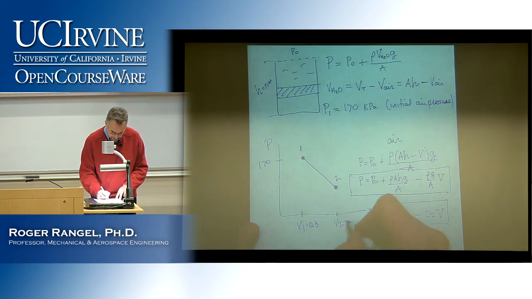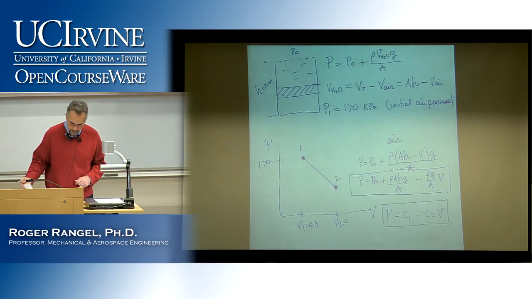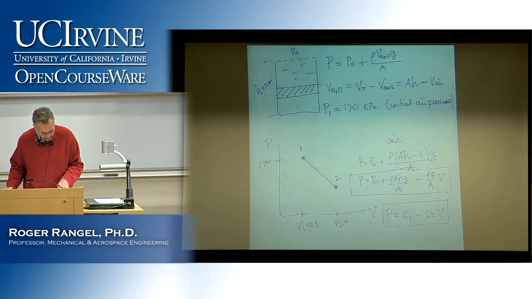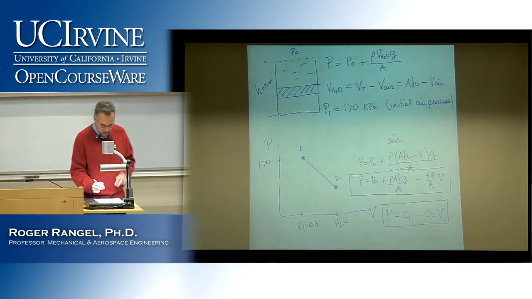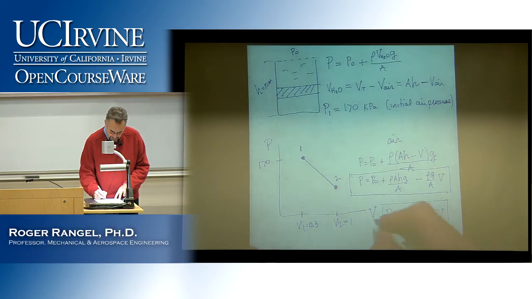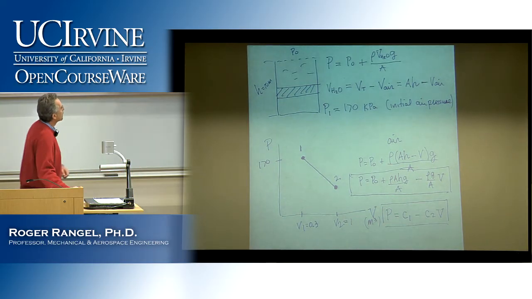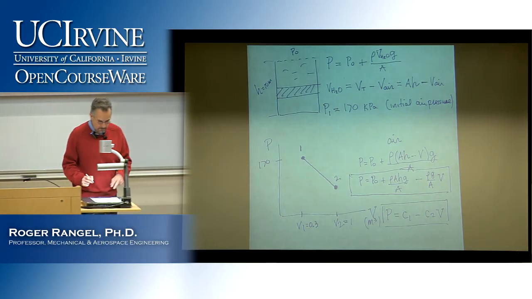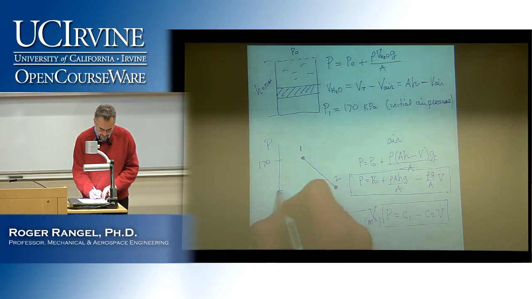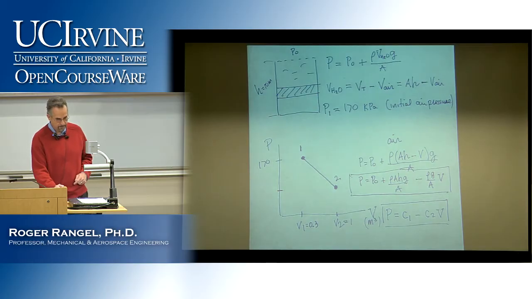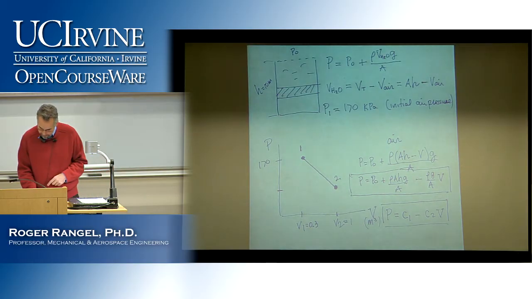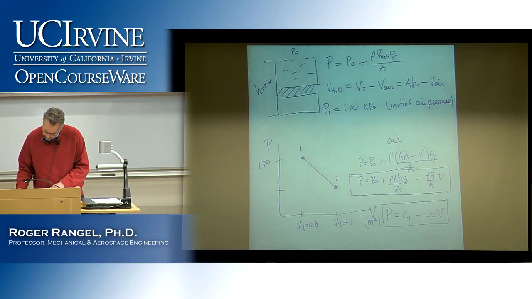And this one is the total volume, where the height is 10 and the area is 0.1, so this is 1, in cubic meters. And of course, I can also get this pressure because it's a straight line. If I get that pressure, that number will be, let's see.